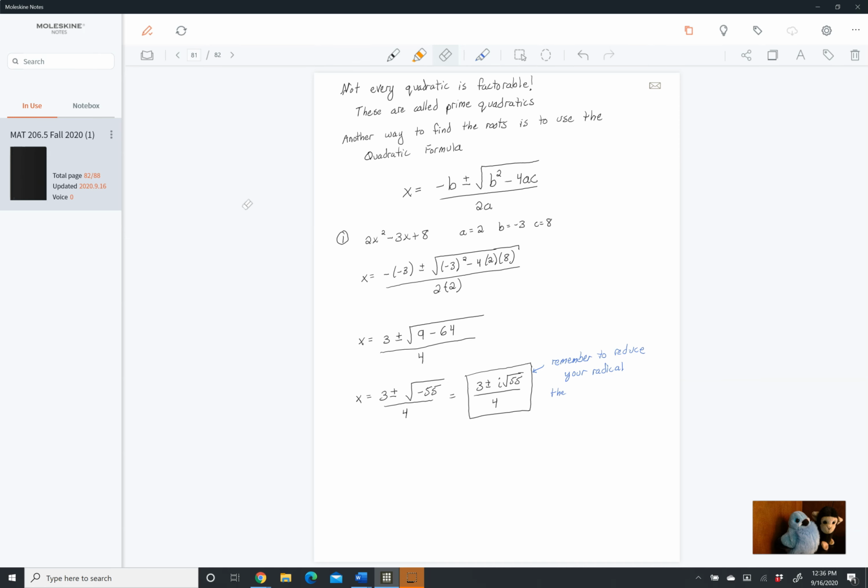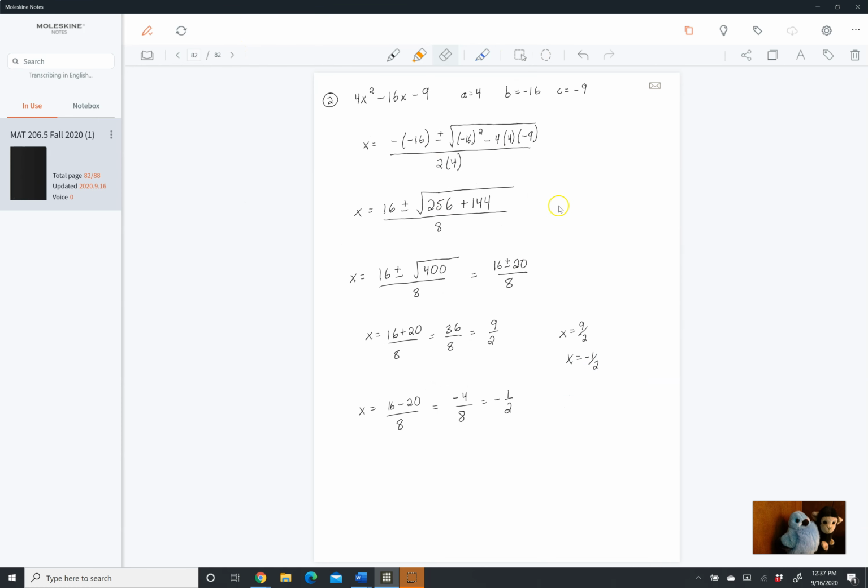Then reduce your fraction. So in this case, all we could do with the radical was pull out the I. And our fraction could not be reduced. If you have all whole numbers here, all integers like you have here, okay, then you should actually write it as the two separate roots.